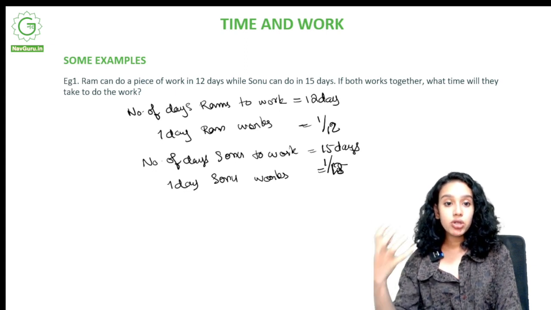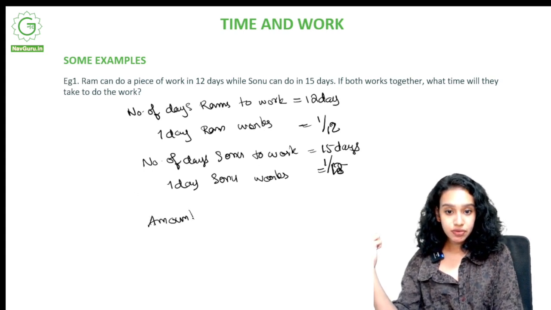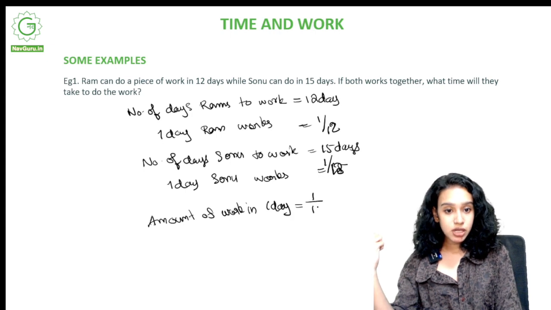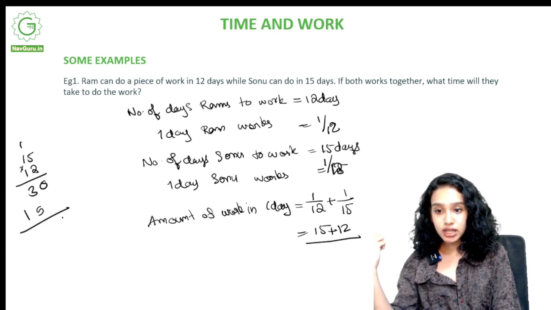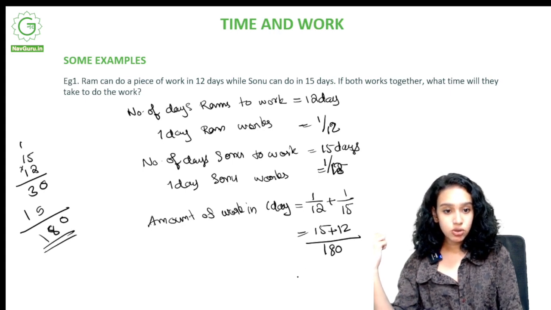So let's see the amount of work they do together, right? The amount of work they do in one day would be equal to 1 by 12 plus 1 by 15, right? So this would be equal to 15 plus 12 divided by 15 into 12, which is 180. So 15 plus 12 is 27, 27 by 180.